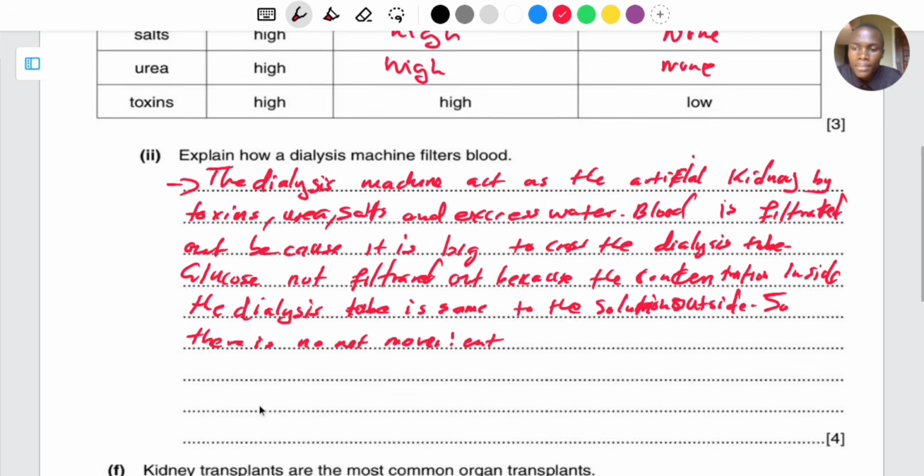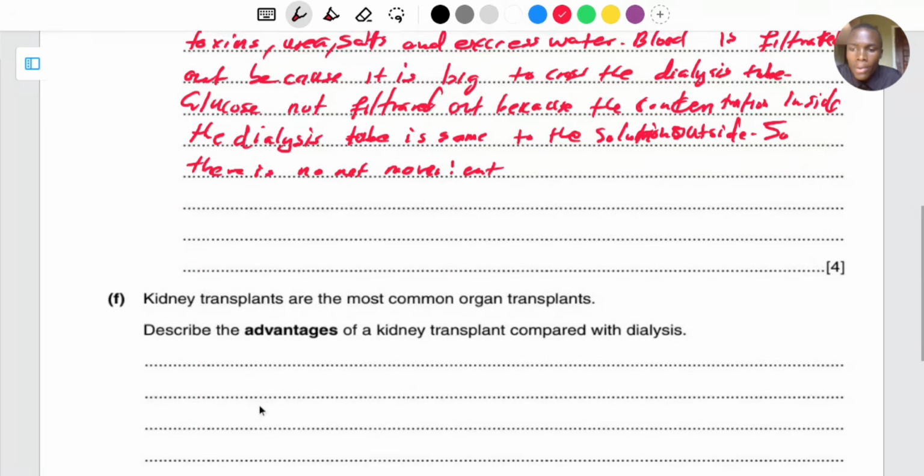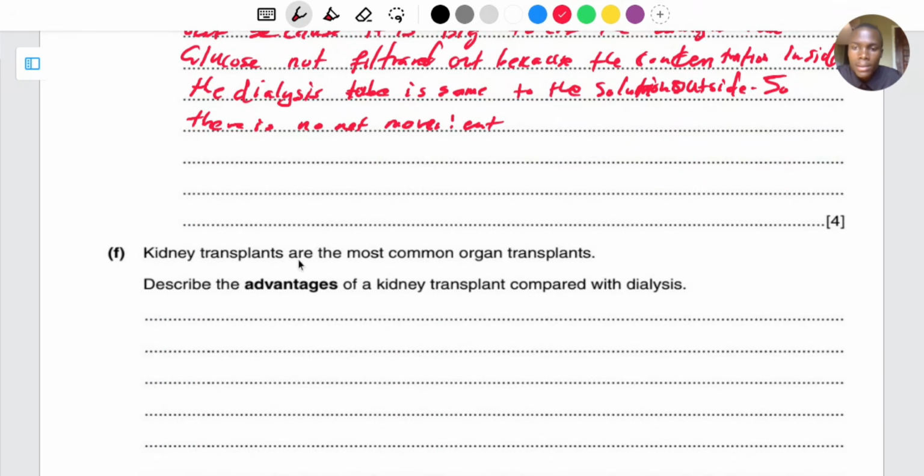Now, the second one comes by saying kidney transplants are the most common organ transplants. Describe the advantages of a kidney transplant compared with dialysis.